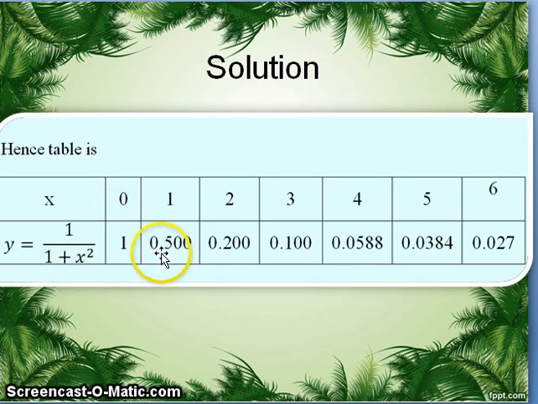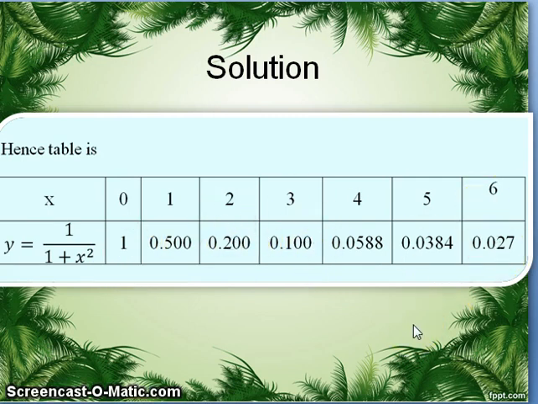Then for the second value, you substitute x as 1, so you get 1 divided by 2, that is 0.5. For the third value, you substitute x as 2 and get 0.2. Then if you substitute 3, you get 0.1. Likewise, you can complete the tabular column by substituting the corresponding x values.